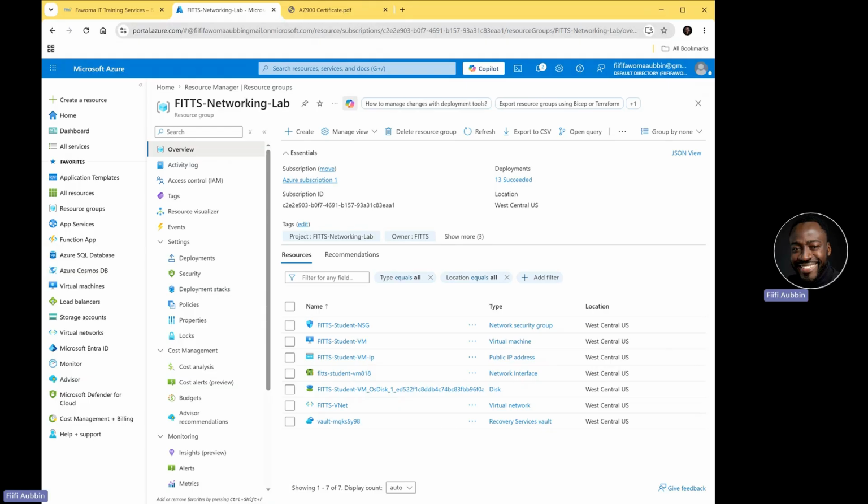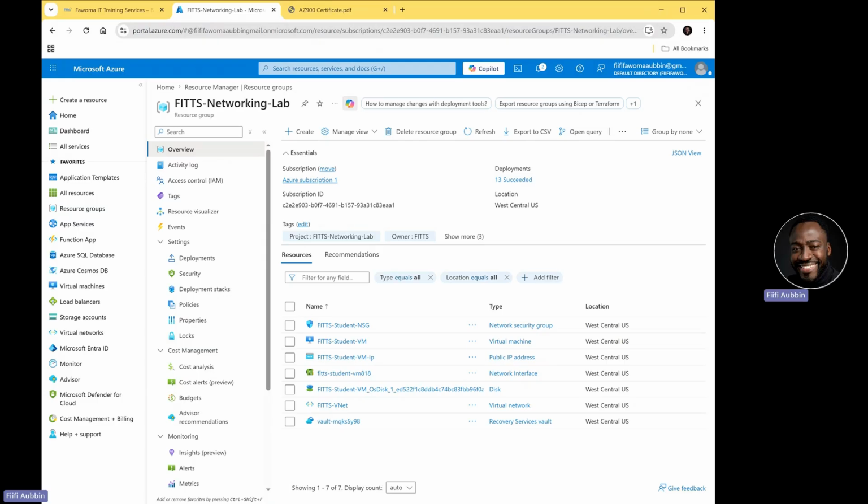So for the AZ-900 exam, I want you to remember these key points. A management group can contain multiple subscriptions. A subscription can contain multiple resource groups. A resource group can contain multiple resources. Every Azure resource belongs to one resource group.